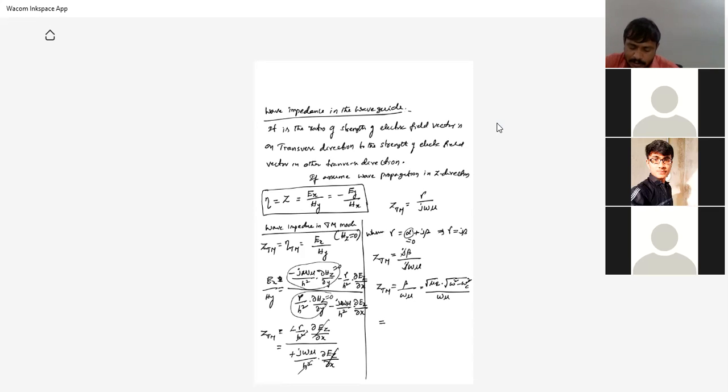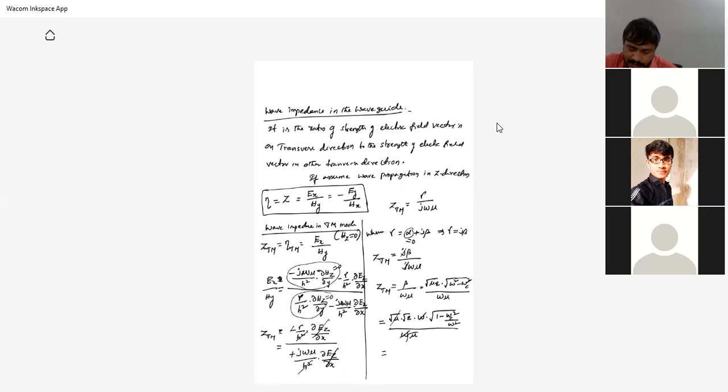In the numerator you can take omega out. Then you can write root mu into root epsilon into omega into root 1 minus omega c square by omega square, by omega into mu. This omega gets cancelled, and root mu cancels here.